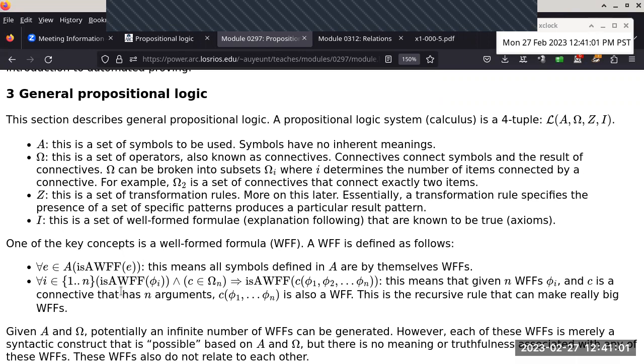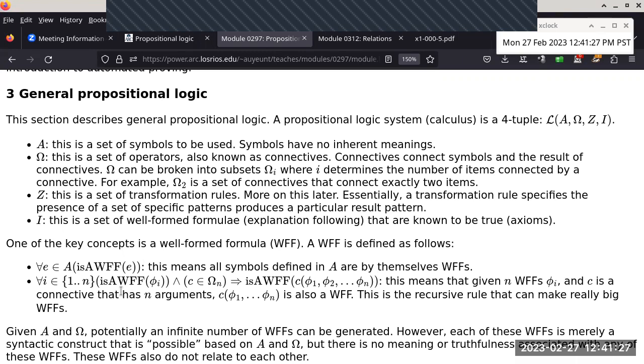And then the other side, and c is an element of omega n, which basically says, take an operator from omega n, and this n has to be the same as this n over here. It can be 2, okay? So just think about n as 2. So I'm giving you 2 well-formed formulae, phi 1 and phi 2.